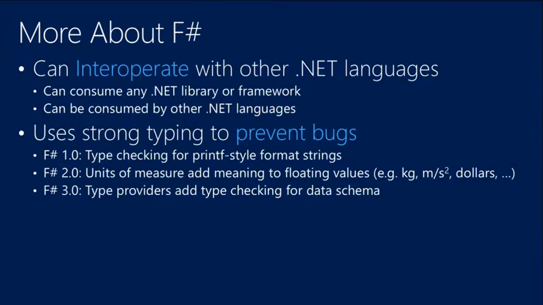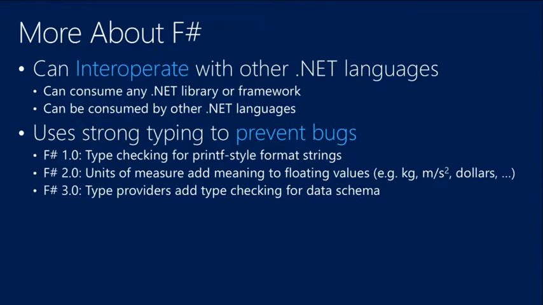The important point here, and the reason that's really important, is because it allows you to use the right tool for the job. Often I will find myself writing an application, and one of the demos later will show this, where F# is used at the core for business logic, for analysis, for computation, for data transformation, things that it really excels at, where it maps very closely to that problem domain. So using F# as the right tool for that job.